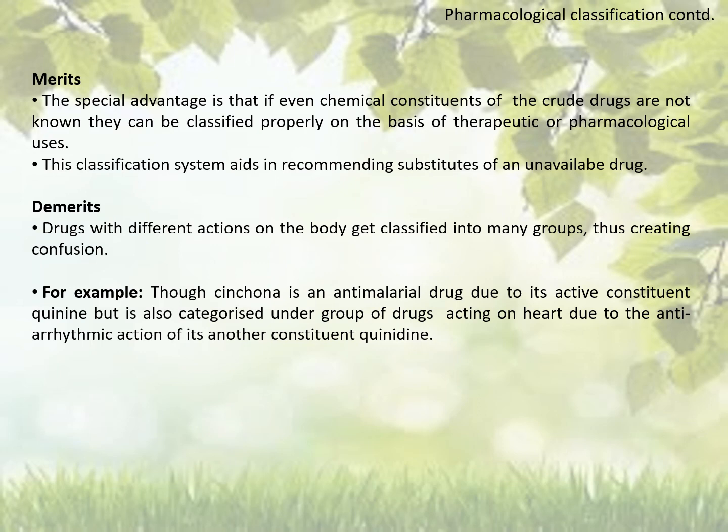Cinchona is an antimalarial drug due to its chemical constituent quinine, and cinchona has antiarrhythmic property also due to the presence of another chemical constituent, which is quinidine. So cinchona is used as both an antimalarial and an antiarrhythmic drug.